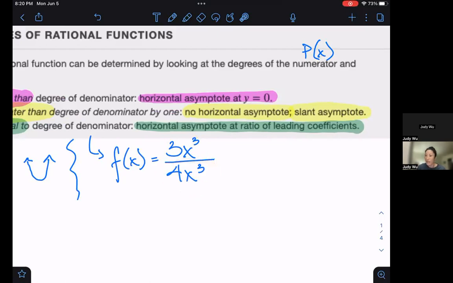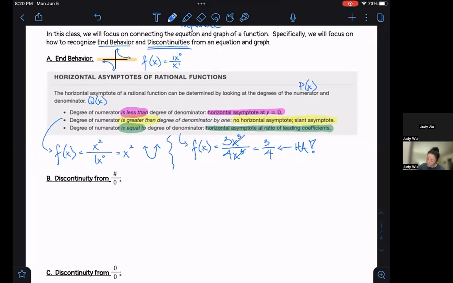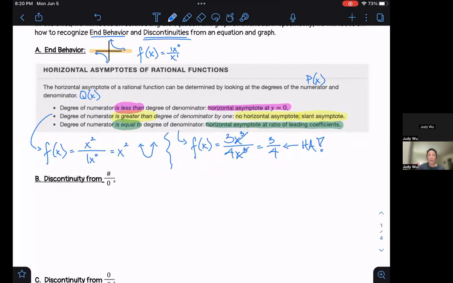But also, if I have x cubed divided by x cubed, those can reduce, and I just get 3 over 4. But what that means is this is actually our horizontal asymptote. Okay, so we end up with a function that completely flattens out when we get to the ends. All right, so that's our end behavior case, all right?